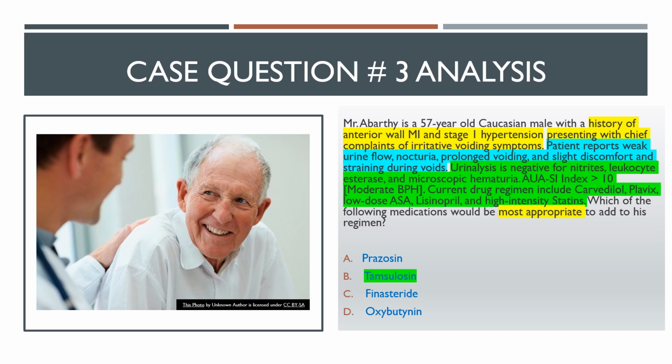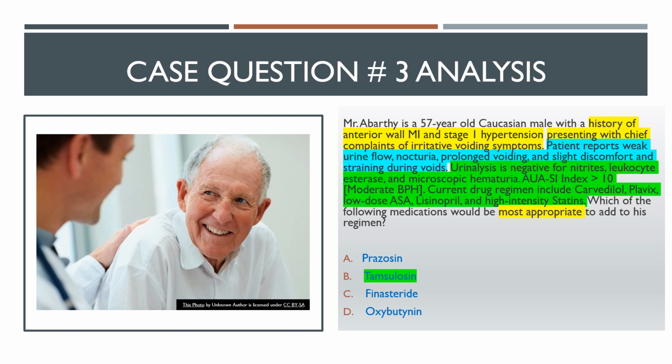The best regimen is an alpha blocker, which is recommended as first-line therapy. Although prazosin is an alpha blocker, it is not recommended due to insufficient evidence. Tamsulosin is the best answer because it is recommended by AUA, and it is also a selective alpha-1 blocker.